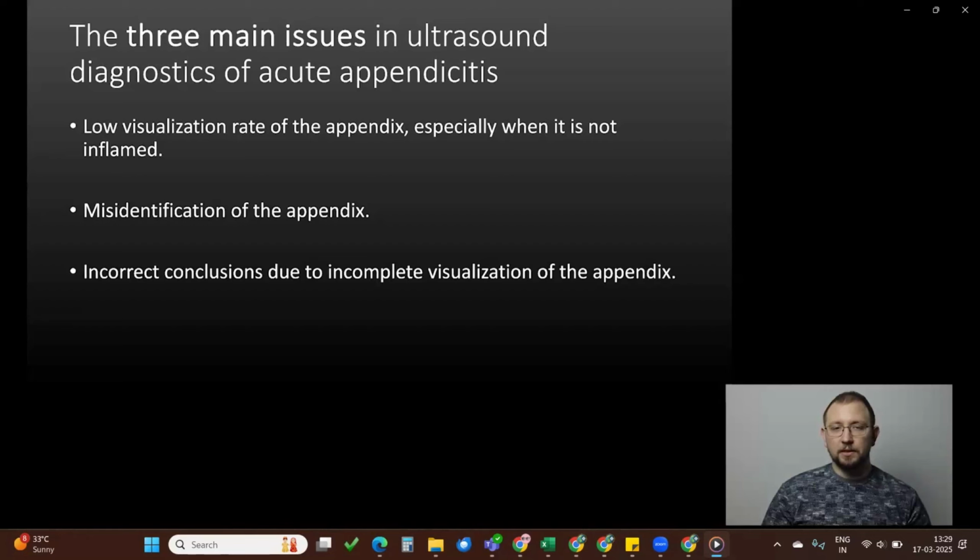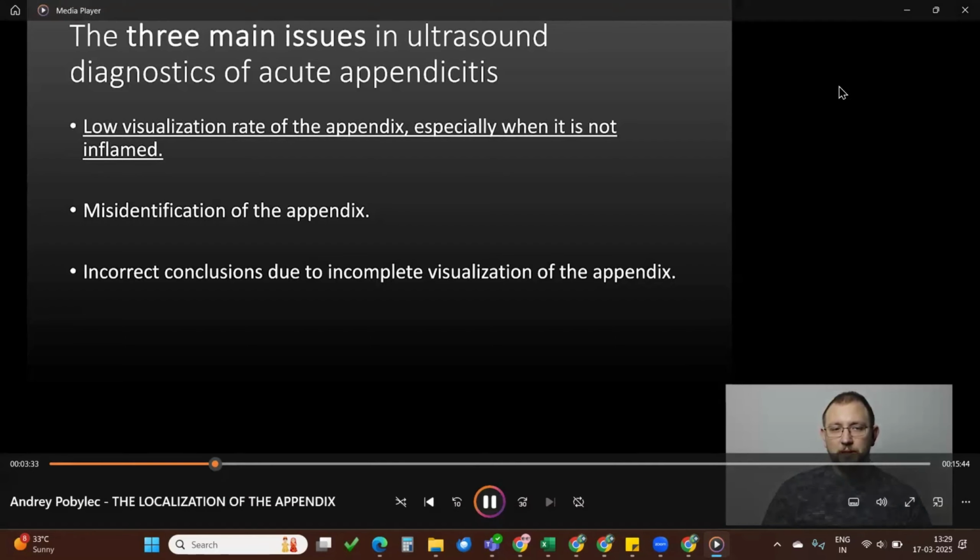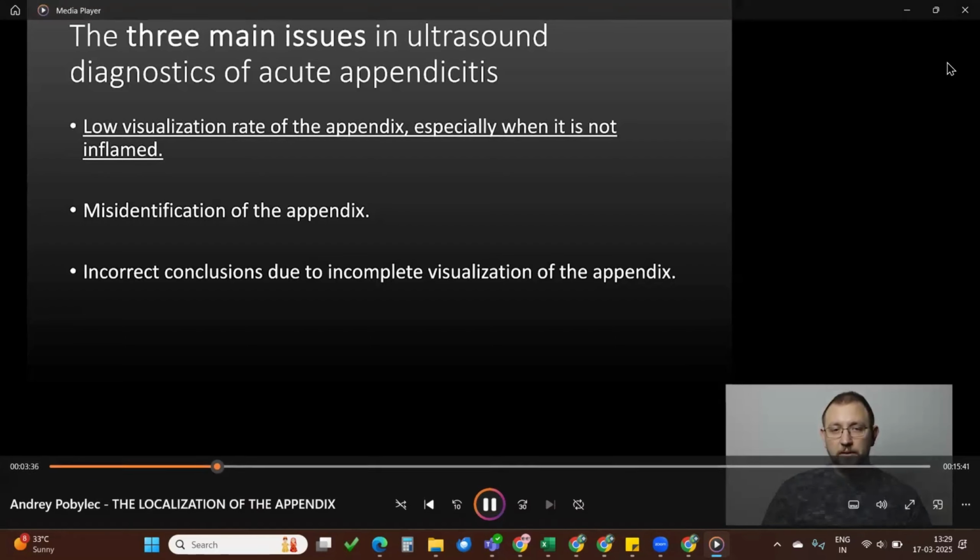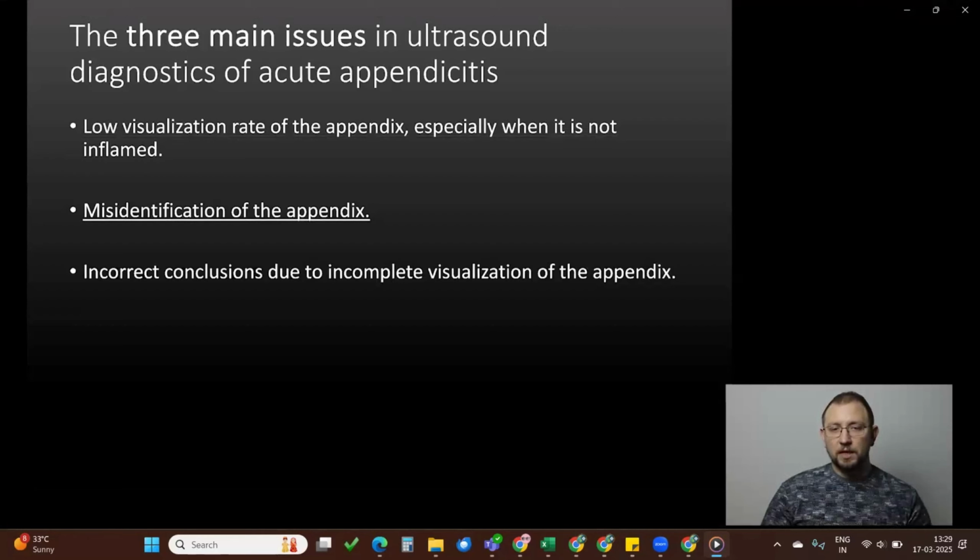The three main issues in ultrasound diagnostics of acute appendicitis that I would like to emphasize are: low visualization rate of the vermiform appendix, especially when it is not inflamed; misidentification of the appendix leading to diagnostic errors; and incorrect conclusions due to incomplete visualization of the appendix.